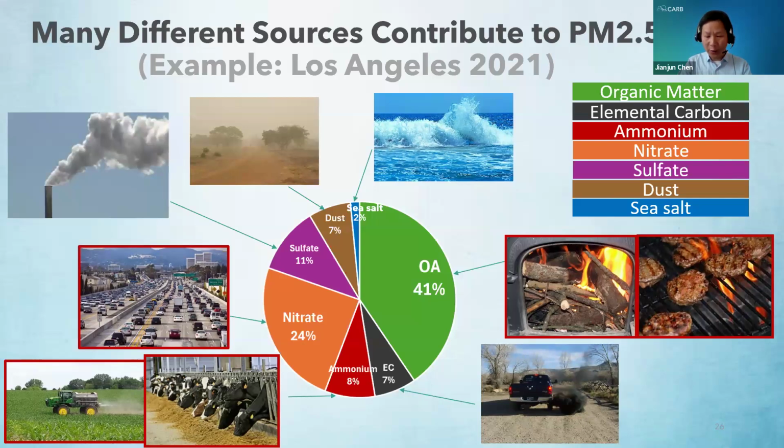Elemental carbon is a smaller component and is emitted from sources such as older diesel trucks. Wind-blown fugitive dust contributes to the dust portion of PM 2.5, while sea salt is important near the ocean. I will note that I have just shown examples of sources that contribute to each PM 2.5 component. But in reality, there are many more sources that contribute.